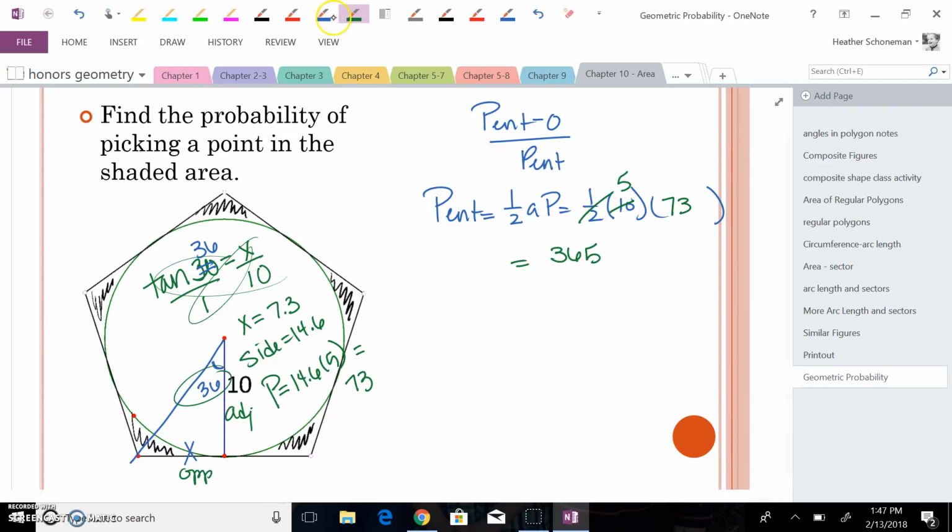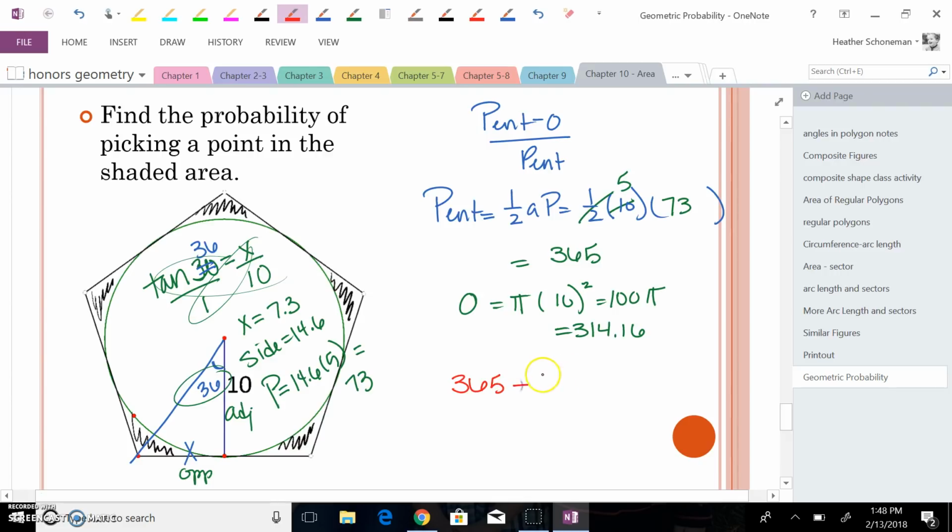And now I got to do the circle. Well, the circle is pi times the radius squared. The radius is 10, so that's just 100 pi. So I have 100 times pi button, which gives me 314.16. Alright, now that I have the numbers, put it into the plan.